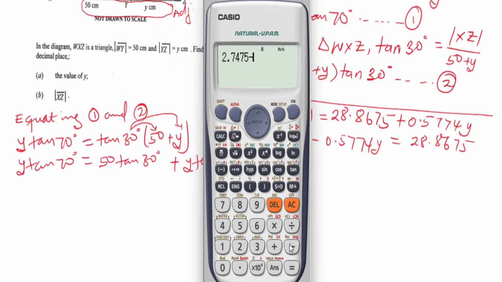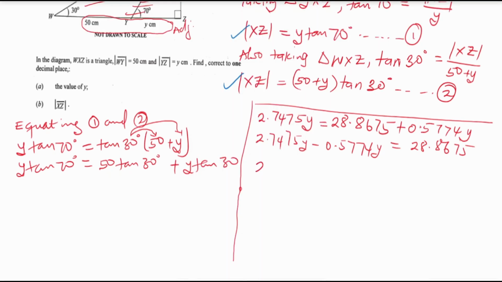2.7475 minus 0.5774 equals 2.1701. So 2.1701y will be equal to 28.8675.